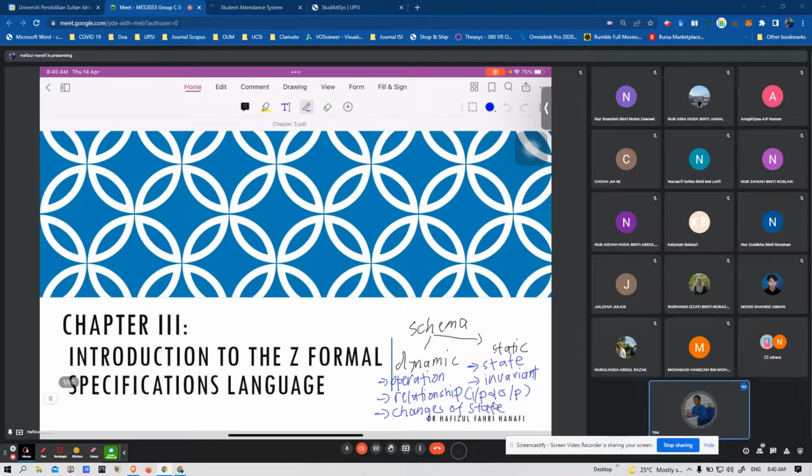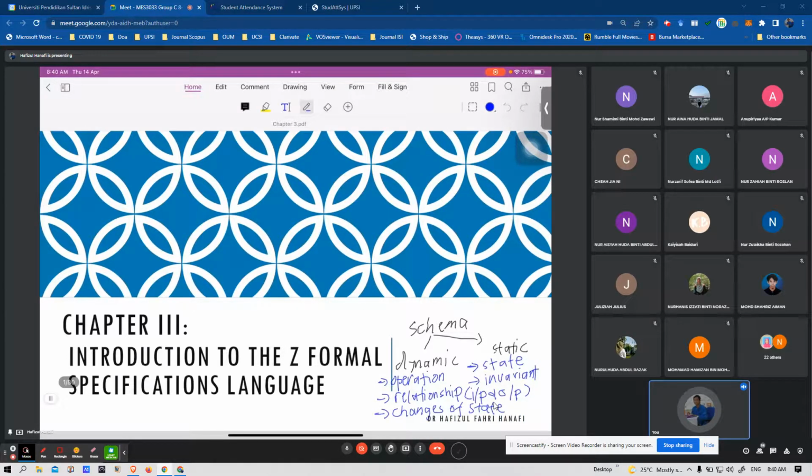A Z specification is basically a language that uses the schema language to structure and compose mathematical descriptions, collating pieces of information, encapsulating and naming them for reuse.